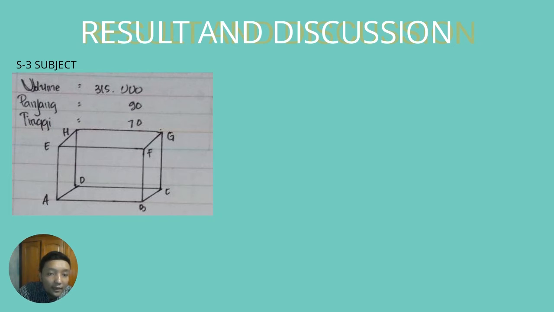And result of subject S3. Figure 4 is the work of subject S3. Subject S3 is a student with low spatial intelligence, which is also seen from the student's answer to the geometric problem, where subject S3 writes only a little of what is known in the problem.